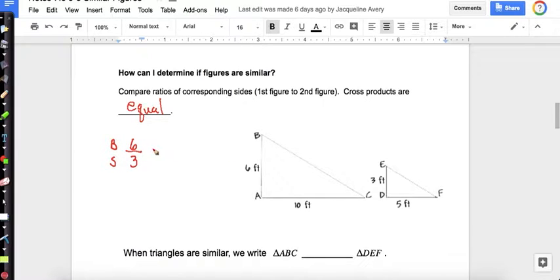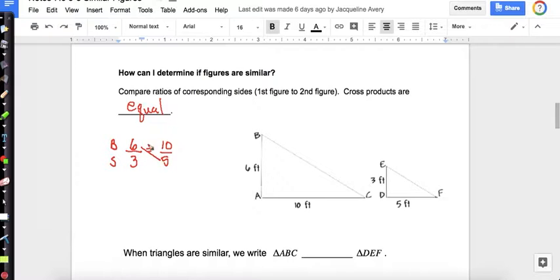So 6 over 3 equals 10 over 5. So notice I did big rectangle over small rectangle. Those correspond. And I did big rectangle over small rectangle. Those correspond. Now use the cross products.